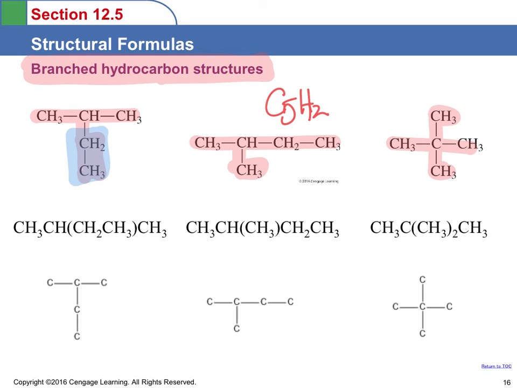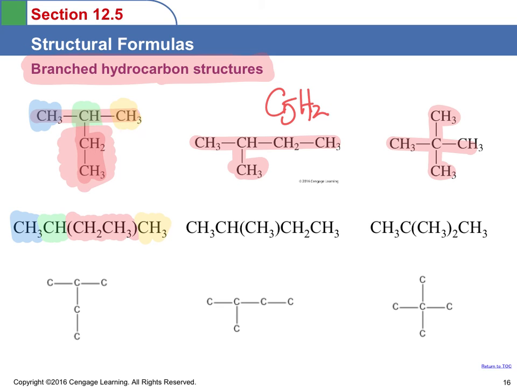All right. So if we look, we've got a CH3. So here's CH3, followed by a CH. So here's CH. Then we've got the branch coming off, CH2CH3 here in parentheses. And then lastly, we have a CH3 on the end.